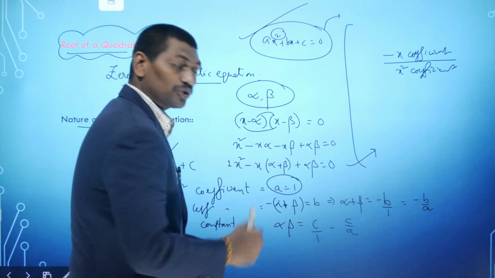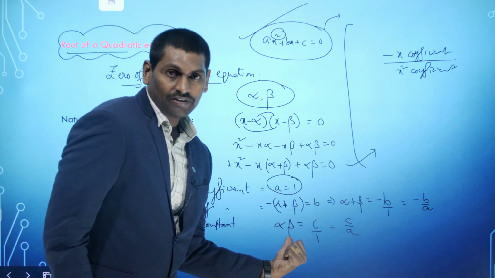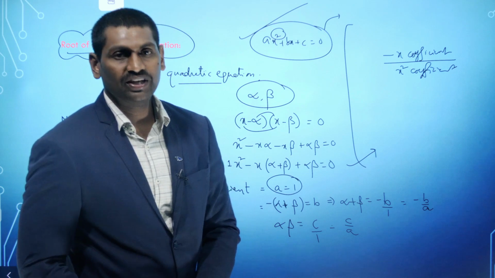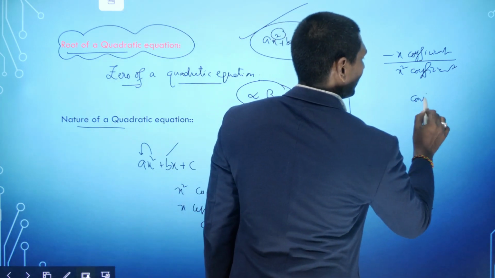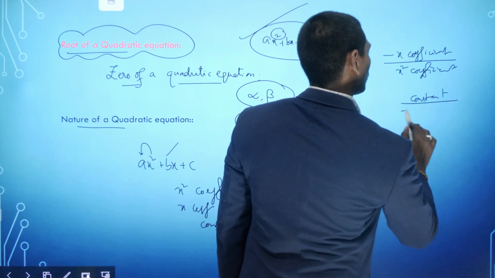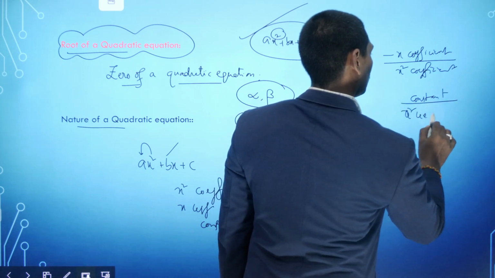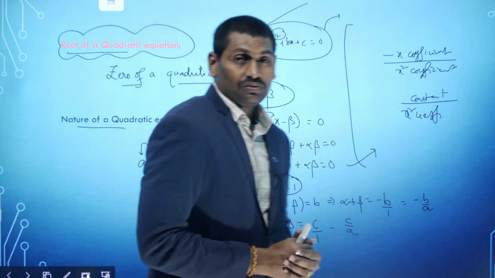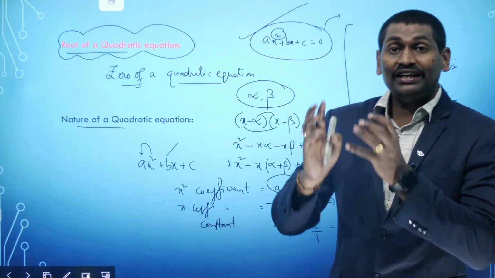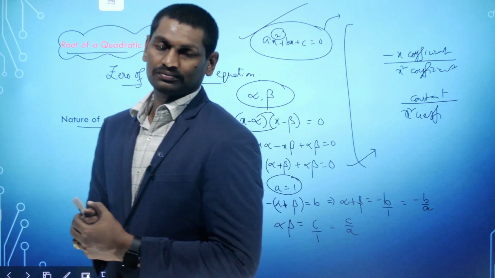Same way, product of roots alpha into beta is equal to c by a, nothing but constant by x square coefficient. Clear? Right.